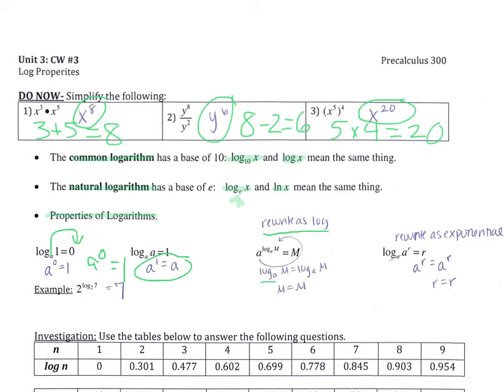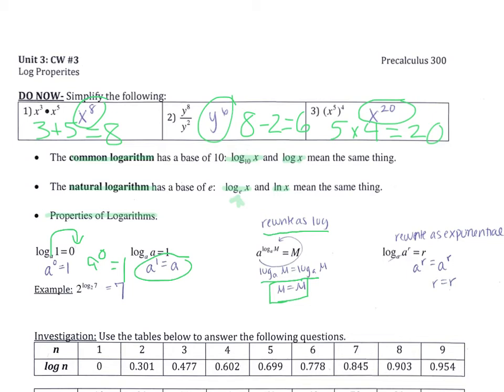Since these have the same base, we can just write m equals m. It's a similar rule as if we have the same base as exponents, we write the exponents equal to each other. Same base, log base a, equal to each other, so we just write m equals m.